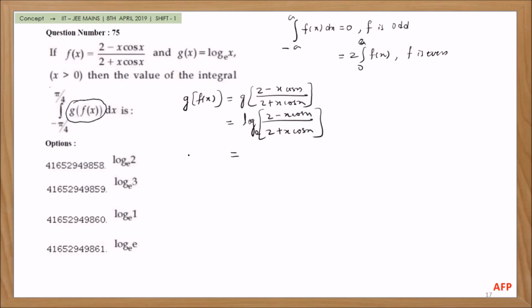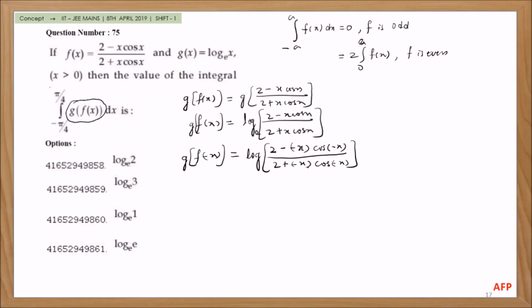To find whether it is an odd or even function, in place of x we take minus x: (2 plus x cos x) divided by (2 minus x cos x), since minus into minus is plus and cos of minus x equals cos x.